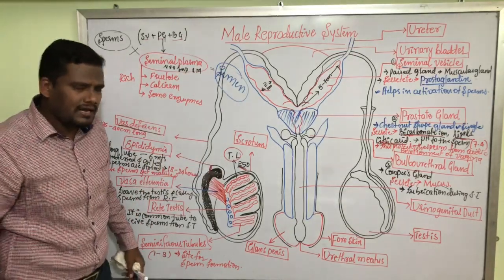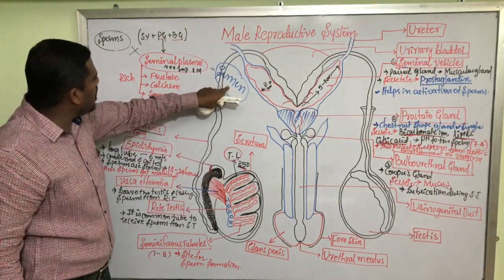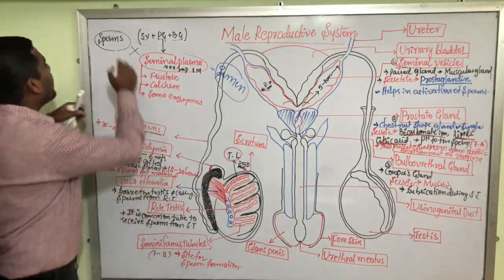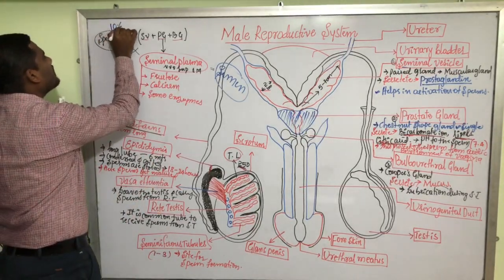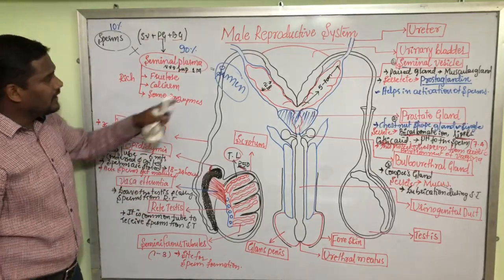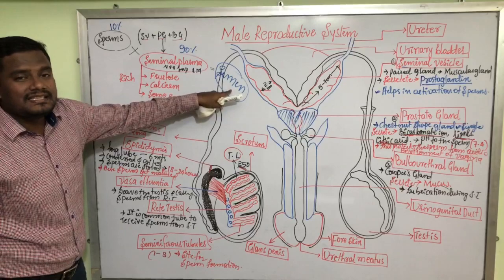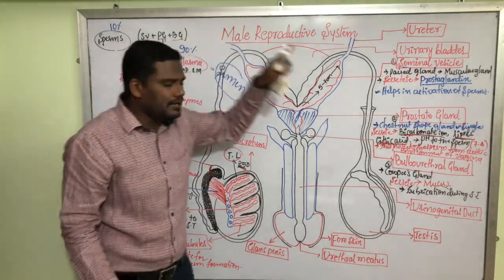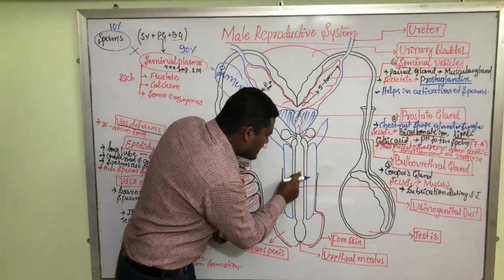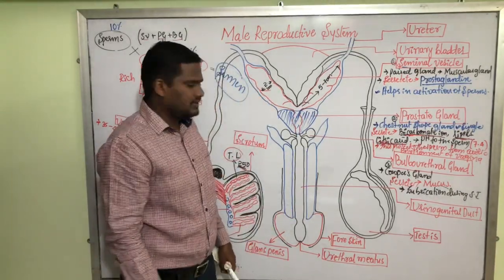What is semen? Semen consists of sperms and seminal plasma, only 10% of sperms and 90% of seminal plasma. Together it is called semen. And this semen comes into this tract.